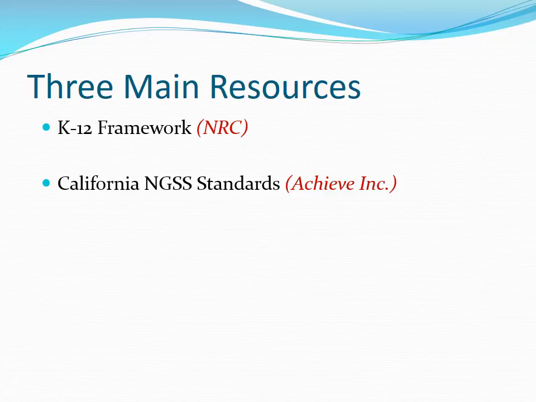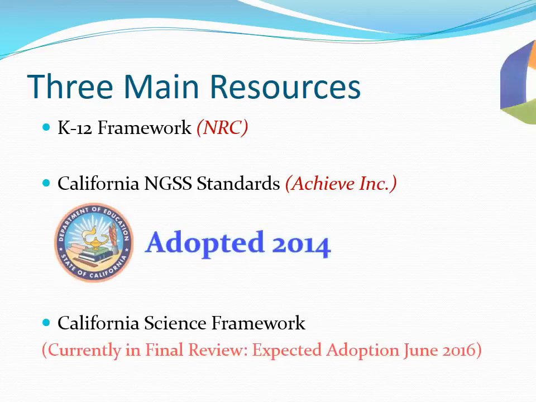The only difference is that the California standards have added some clarifying statements, but have changed nothing as far as the content goes. The California Science Framework is a third resource. That is in its final review and is expected to be adopted this summer. NGSS standards were adopted in 2014 by California and now are the California Science Content Standards.